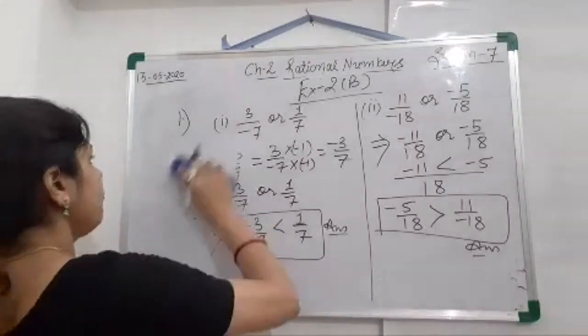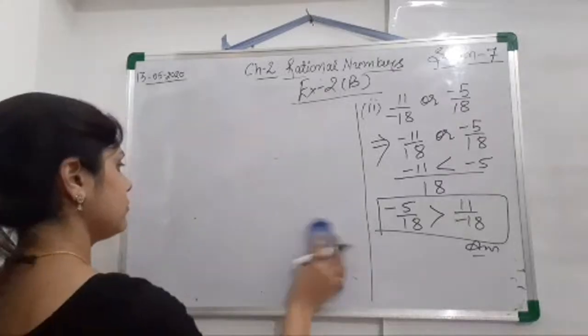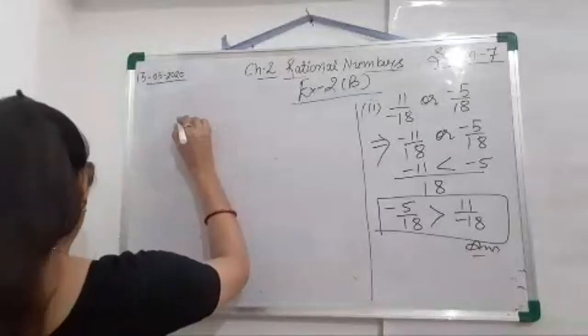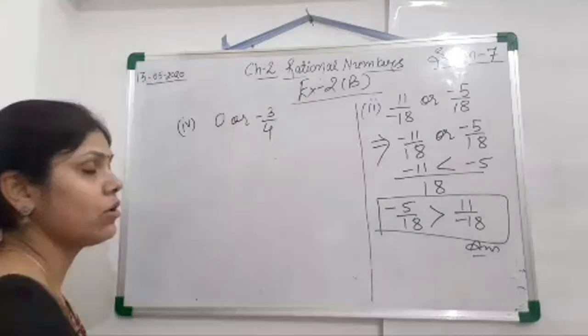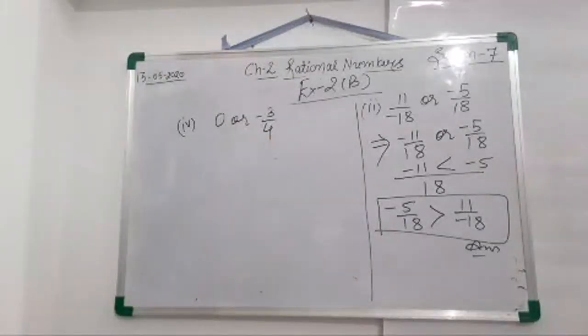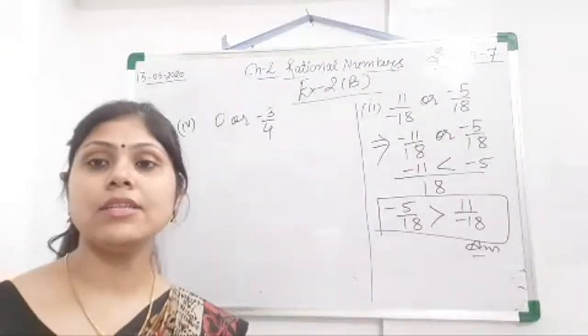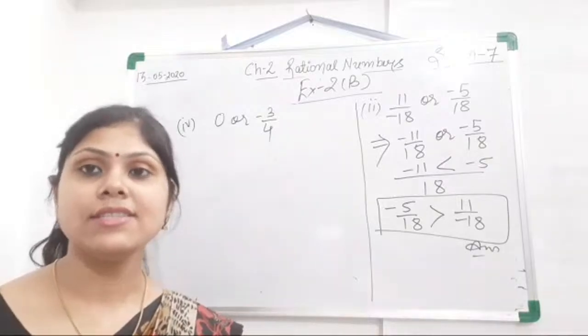Okay, I am doing the fourth question now. Zero or minus 3 by 4. Now you see 0 is there and minus 3 by 4. And you know, as we studied in integers, every negative number is less than 0.